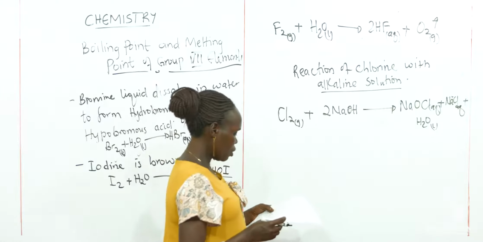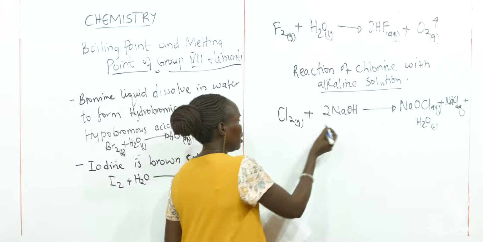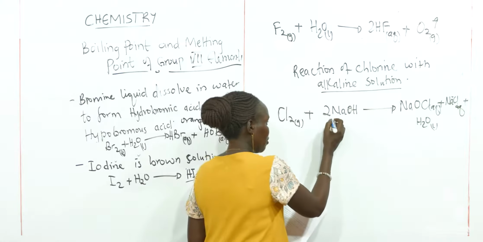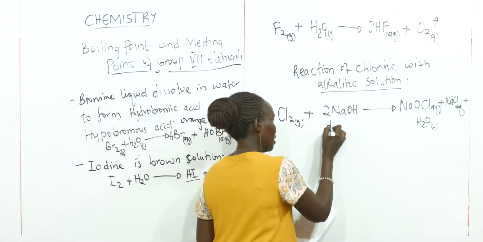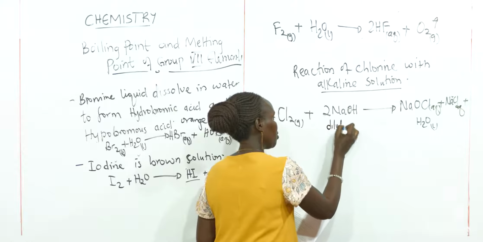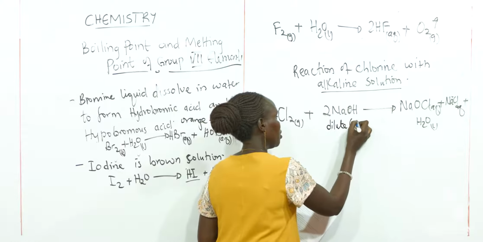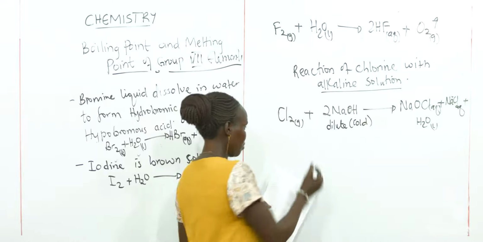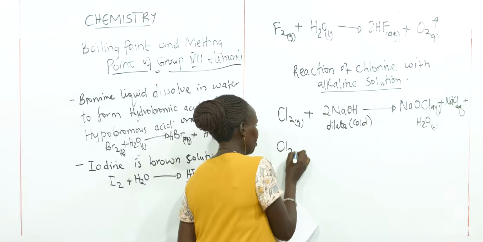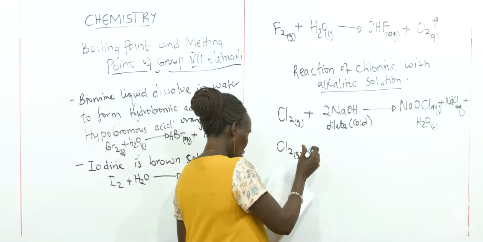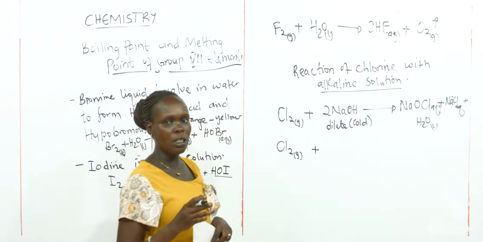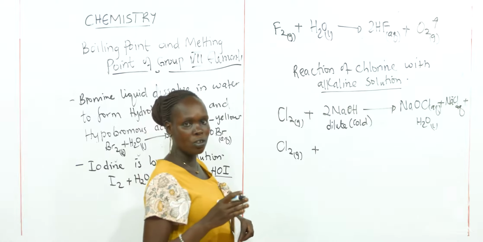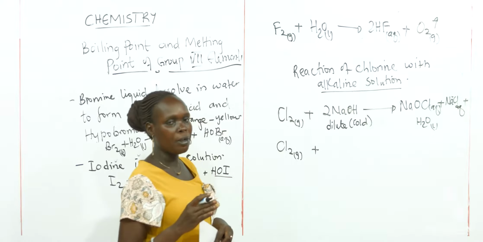Now chlorine reacts with the hot concentrated sodium hydroxide. Here we have this one is dilute and cold, and when it reacted with this one, which is now the hot one, it means the concentration is a concentrated solution of sodium hydroxide.